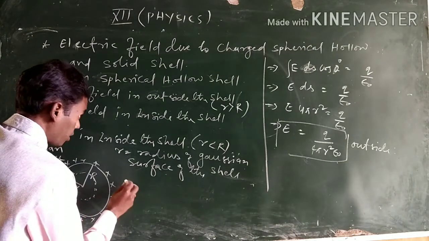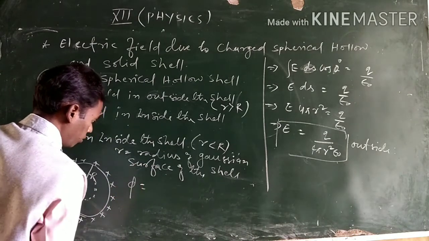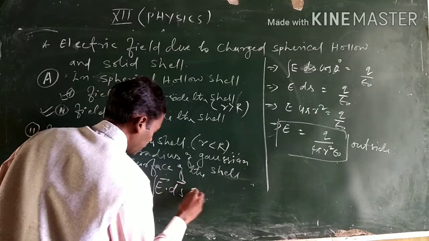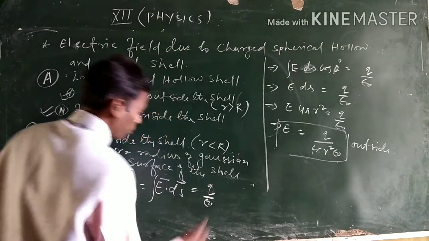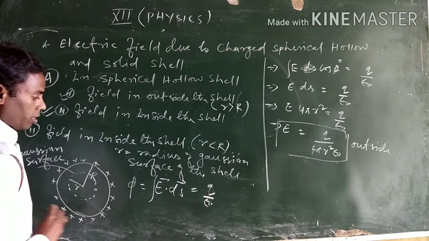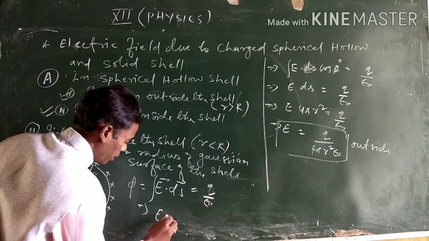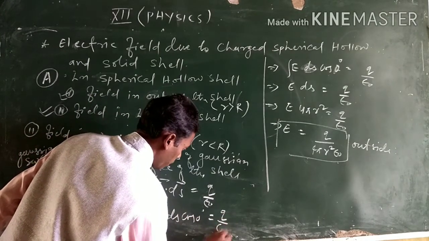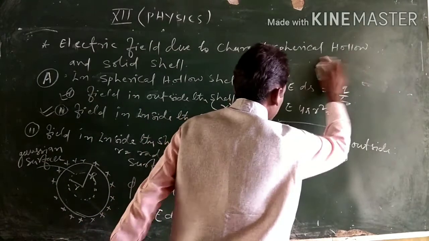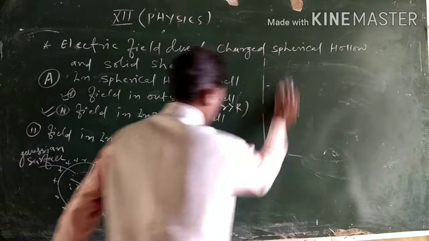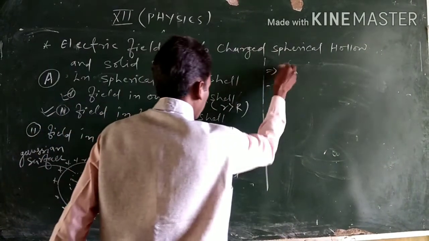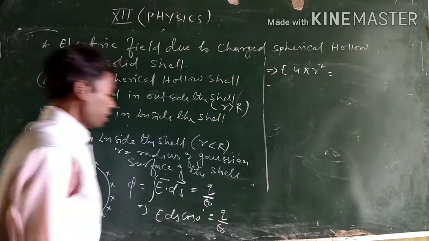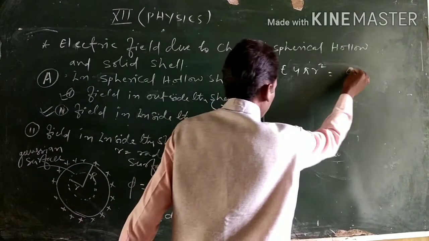That means by using Gauss's theorem, phi is equal to the integration of E ds equal to q divided by epsilon naught. Q is the net charge inside this shell. For this, E ds cos 0 degree, so E times 4 pi r square, the area will be the same, equals Q, which is 0, divided by epsilon naught.